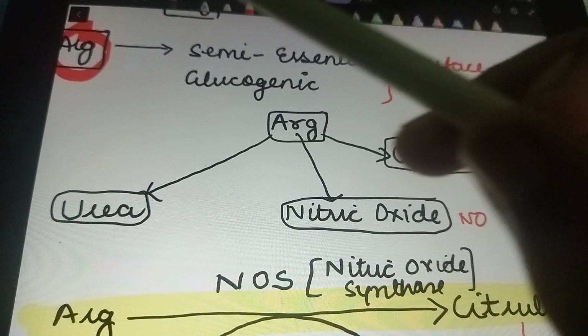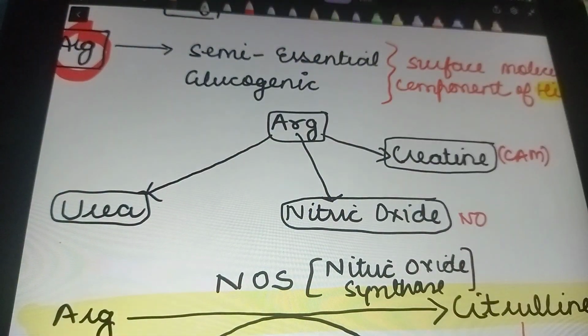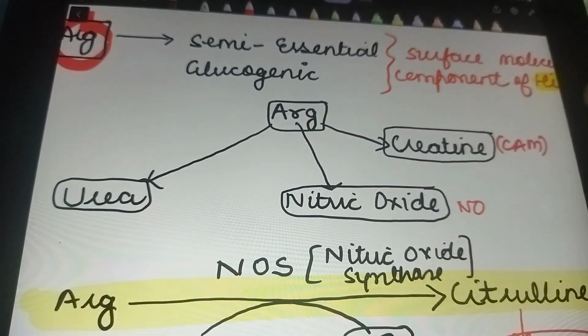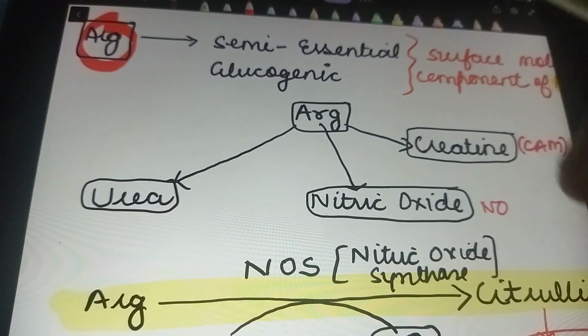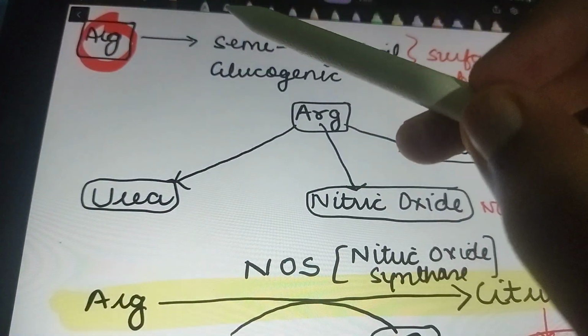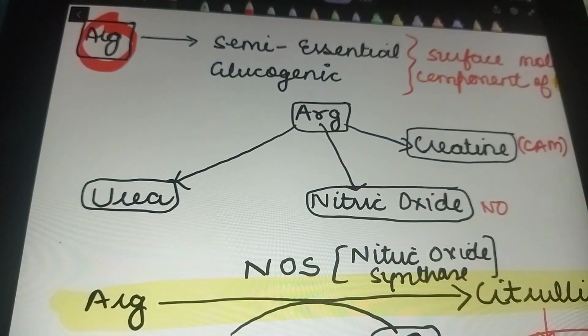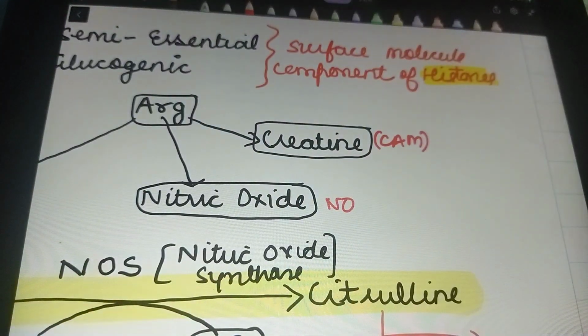Talking about arginine, it's semi-essential and it's glucogenic alone. But arginine has another role. We know that DNA is wrapped around histones, an octamer of 8 histone proteins.